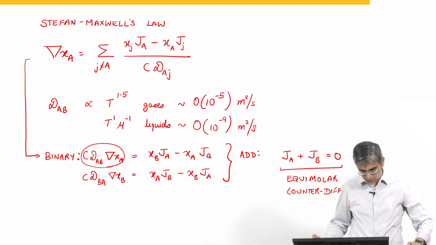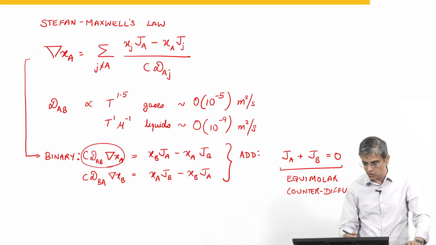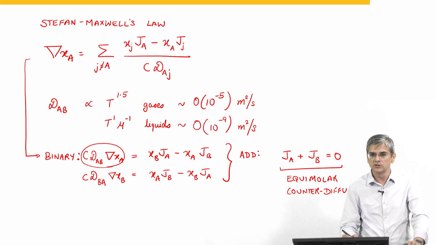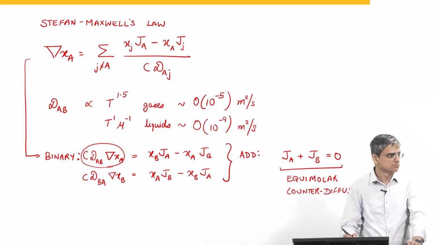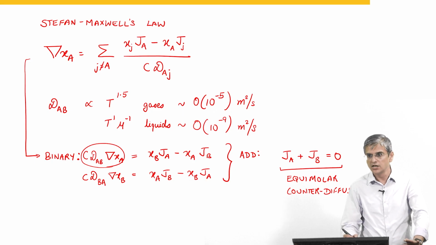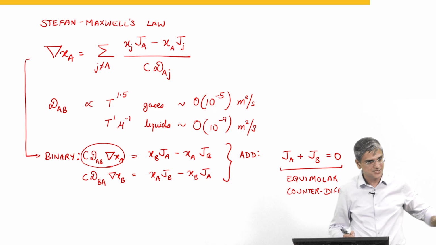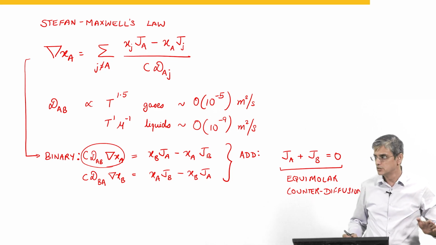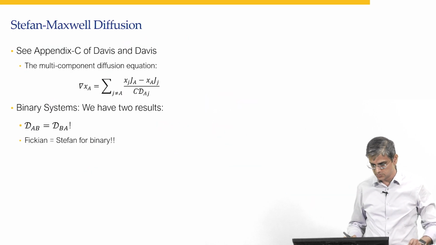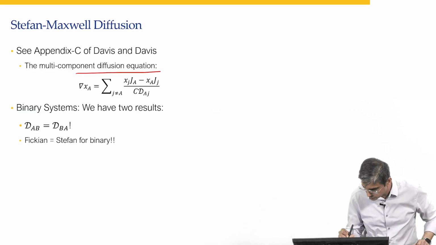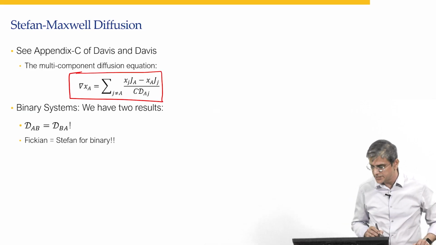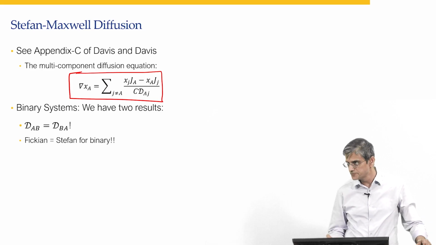The other thing that you can do is add this up, XA equal to 1 minus XB, or XB is 1 minus XA, so del XB is minus del XA. Again, I am not doing the derivation, I will do the derivation in the next class. If you are not understanding the derivation, that is actually fine, no problem. What you can use, if you ever need multi-component diffusion, you use this.